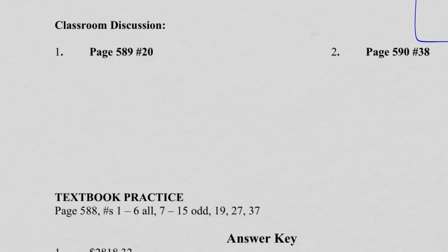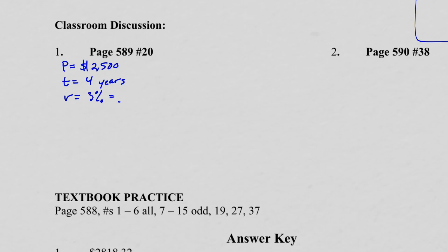Alright, so let's write down some key information as we come across it in the problem. So, $2,500, that's the amount that she's going to invest. That's P. And it invests in a 4 year CD. 3% interest, so that's the rate.